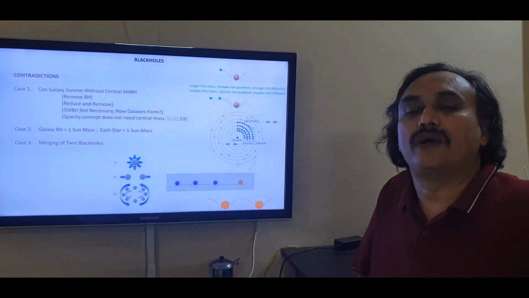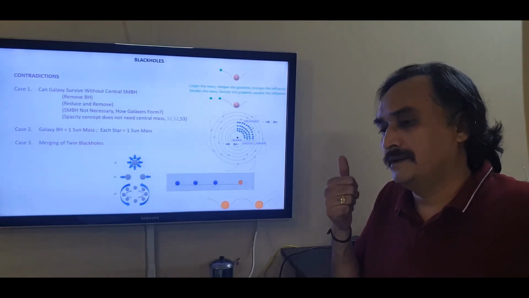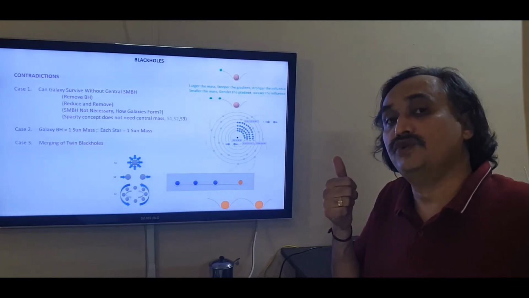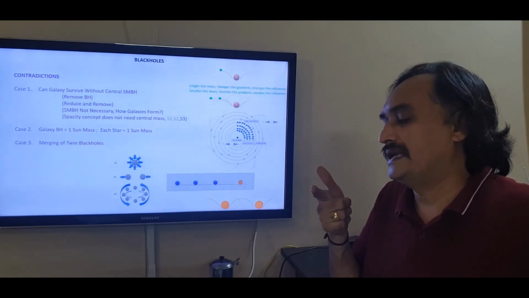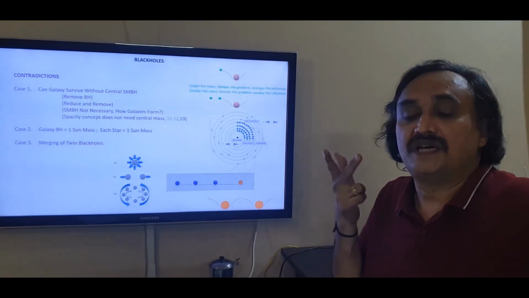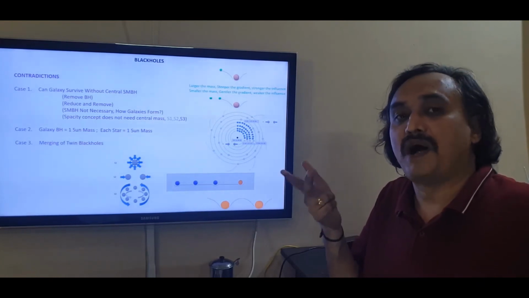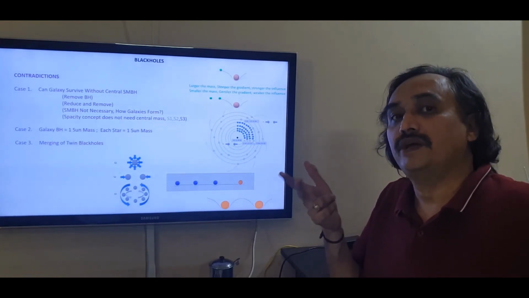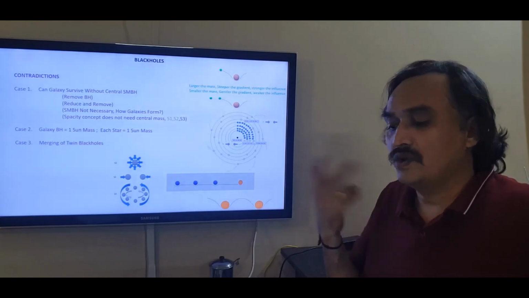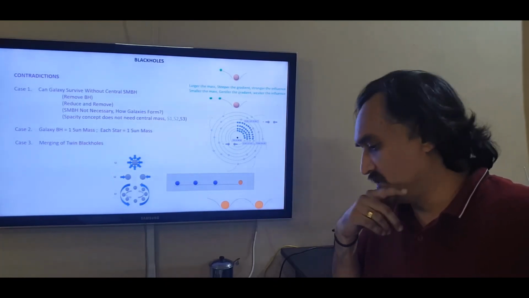We explained how galaxies can form without the use of gravity, without the use of a supermassive black hole at the center, without the use of dark matter. We just used the highly ionized charged particles that the gas would be to begin with in the early universe. You can visit that video and it explains all these situations.